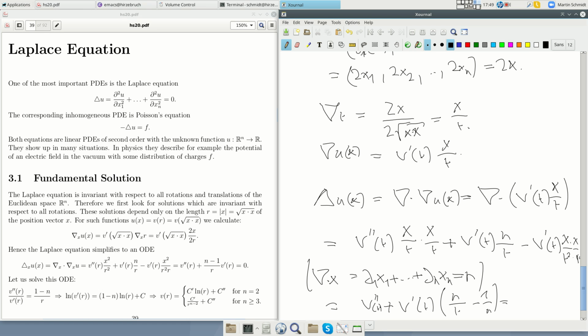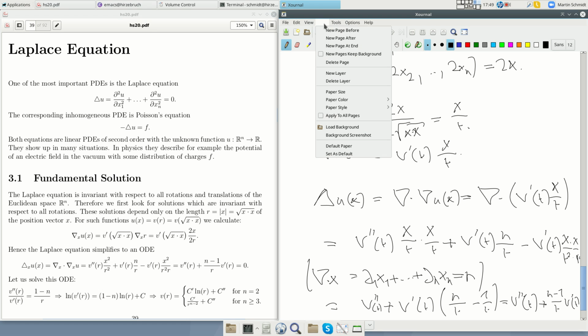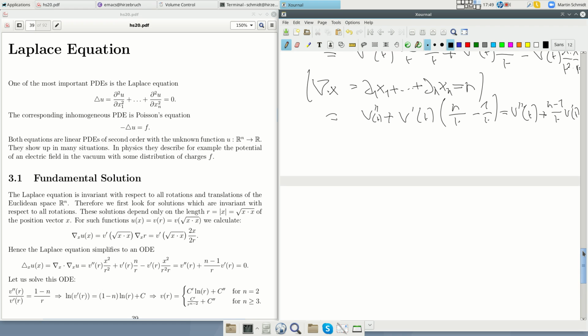So we get v double prime of r, and this here 1 in the bottom. This is an r, sorry. So plus n minus 1 over r times v prime of r.